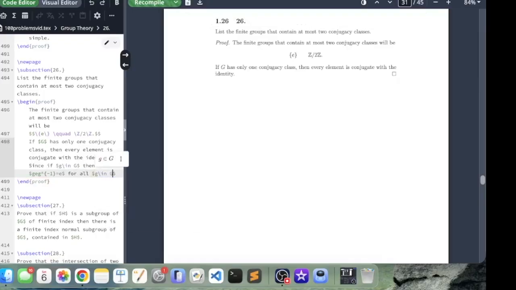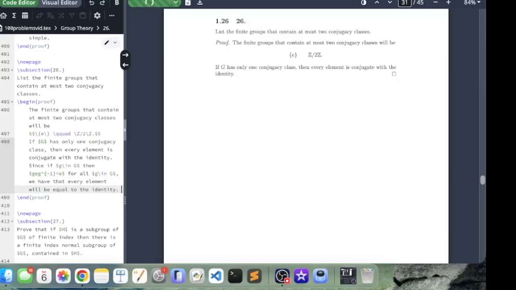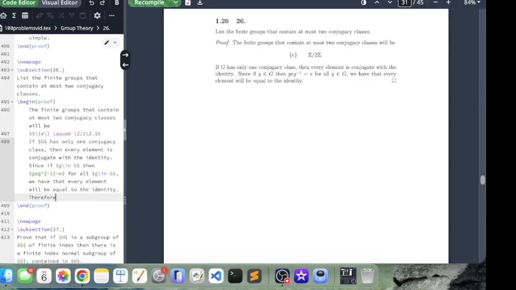For all g in G, every element will be equal to the identity. So if every element is conjugate with the identity, then every element is equal to the identity. Therefore, G is just equal to the trivial group, and the trivial group has one conjugacy class. Okay.